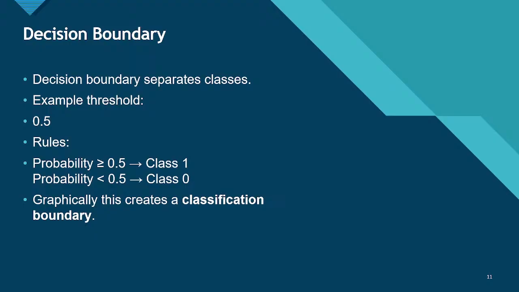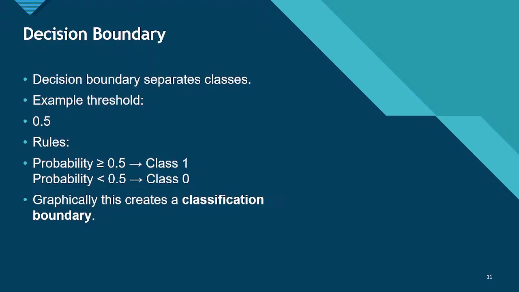That is where the decision boundary comes in. The threshold for classification: in most cases we use a threshold of 0.5. A probability greater than or equal to 0.5 is class 1, and less than 0.5 is class 0.